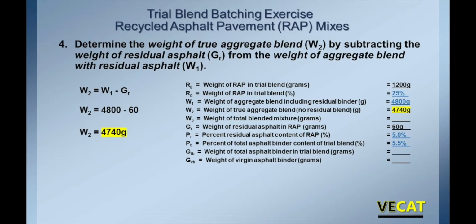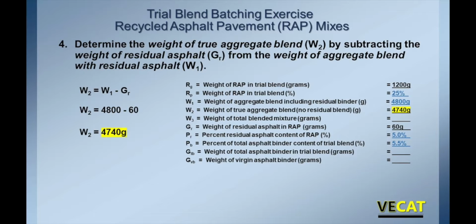We next determine the weight of the true aggregate blend by subtracting the weight of the residual asphalt from the weight of the aggregate blend. So we had a 4,800 gram sample. We calculated how much wrap was in our sample. Then we calculated how much AC, residual asphalt, was in the wrap, which was 60 grams.